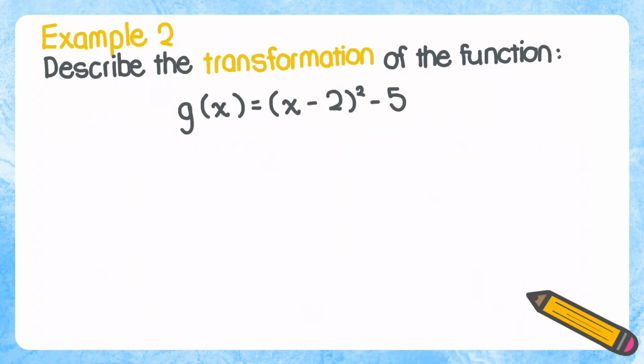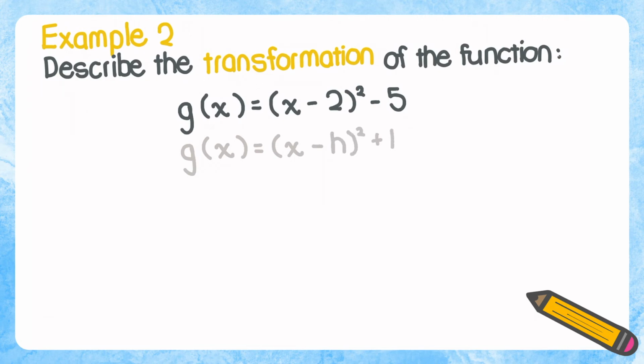For example 2, describe the transformation of g of x equals x minus 2 quantity squared minus 5. Notice that we will probably have to rewrite this given function. Our general form is g of x equals x minus h quantity squared plus k.